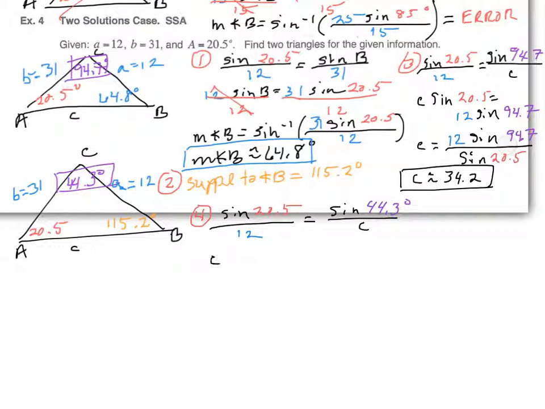We get C times the sine of 20.5 equals 12 times the sine of 44.3.